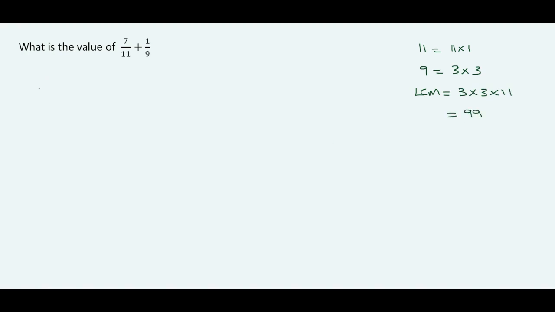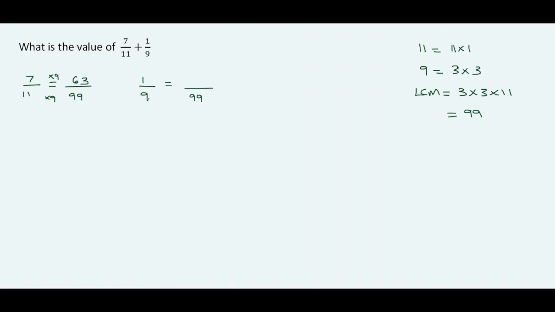So what we now have here is 7 over 11. We need to write it as a new fraction with a denominator of 99. So we can multiply this by 9, multiply this by 9. 7 multiplied by 9, we have 63. 1 over 9, we want to write it as a new fraction with a denominator of 99.